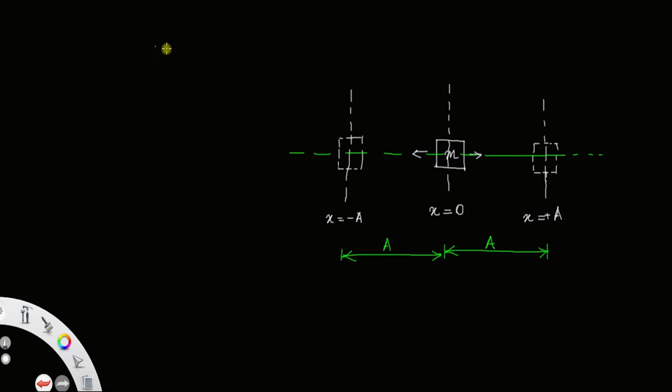Now, what does one time period mean? An oscillation is said to have one time period.